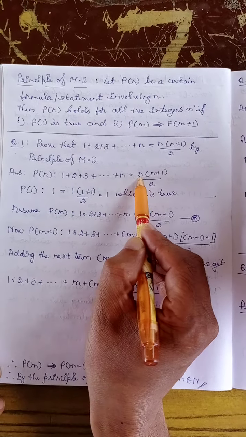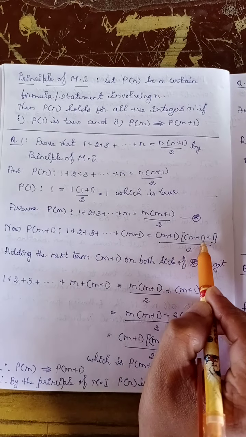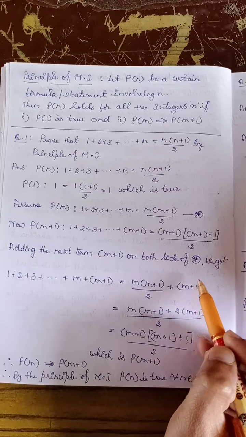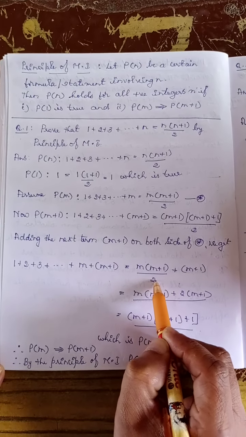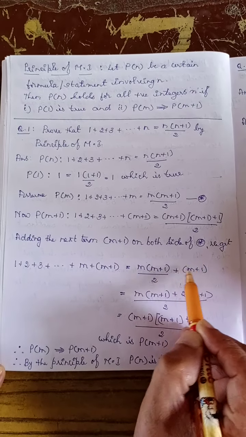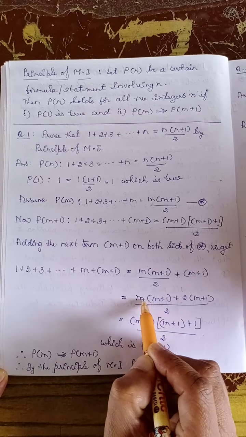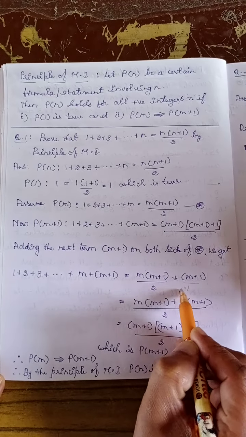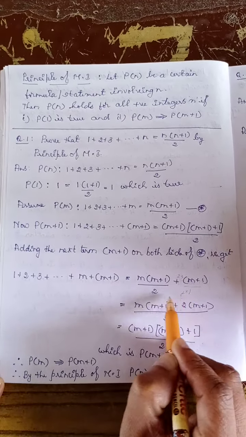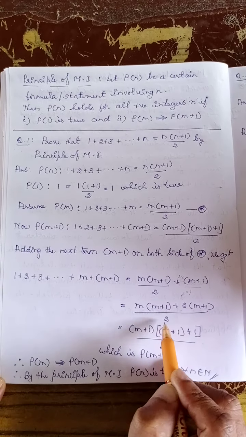Now we simplify this right hand side, which should give the right hand side of p of m plus 1, that is (m plus 1) into (m plus 1 plus 1) by 2. So we can see the simplification: m into m plus 1 divided by 2 plus m plus 1, the next term we added here. Simplify this: m into m plus 1 plus 2 into m plus 1, making the common denominator 2, divided by 2.